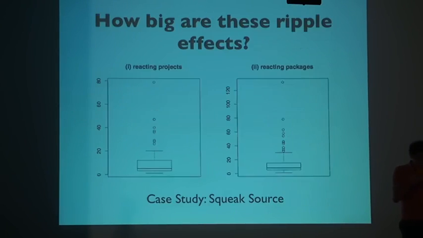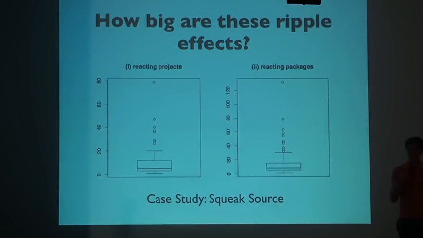And in the paper we go on and we look at how big these effects are, how many projects are reacting. In the outlier case to such a deprecation, there are 80 projects that are reacting, with more developers in those projects reacting. On average though, it's not that many.